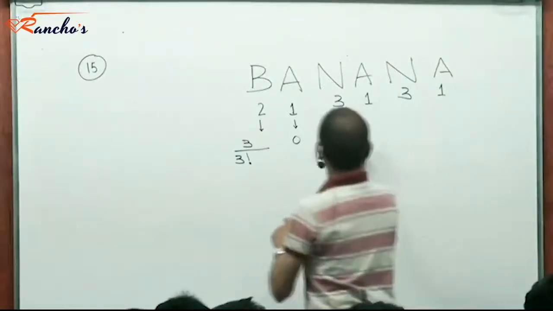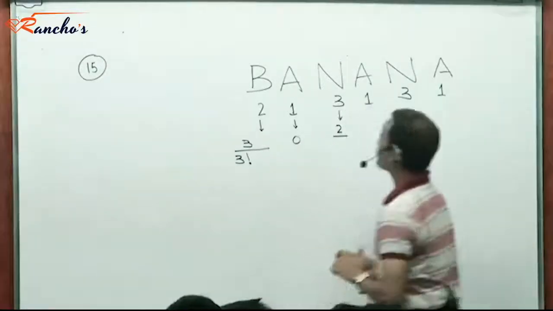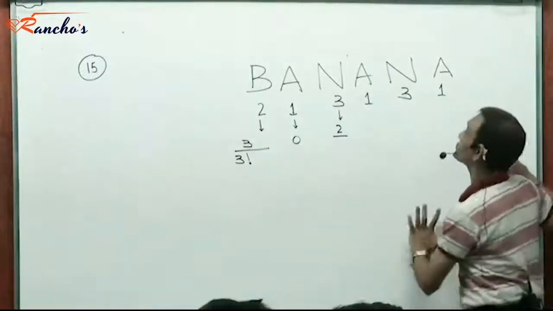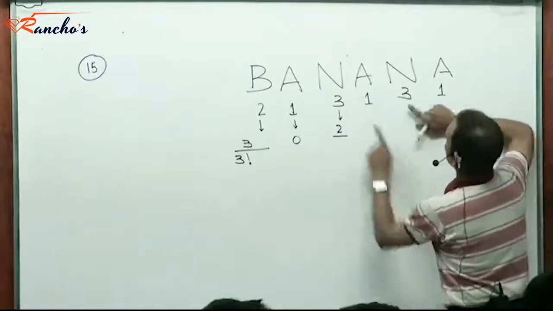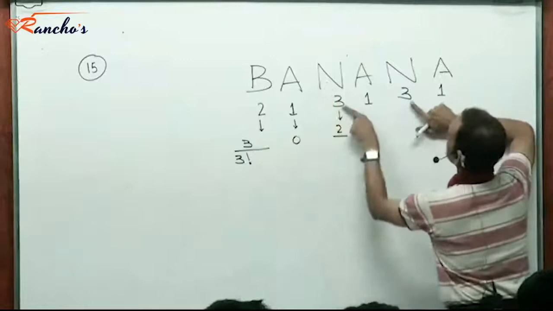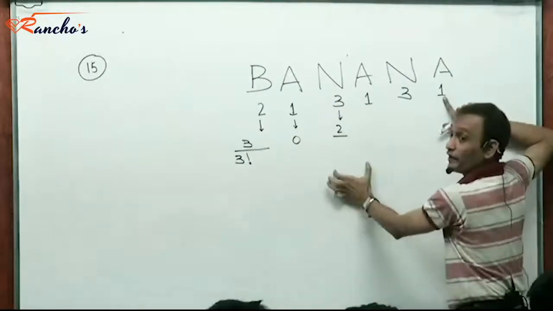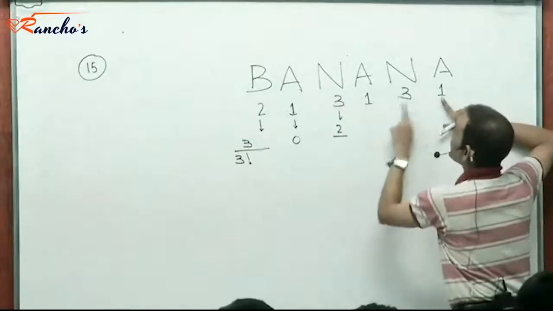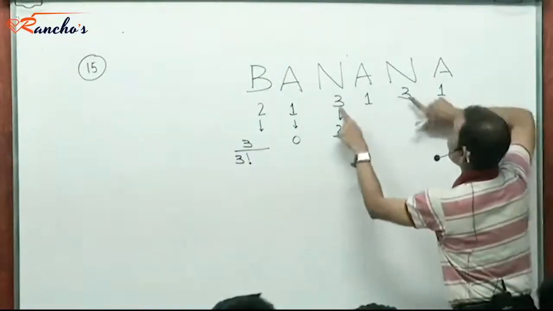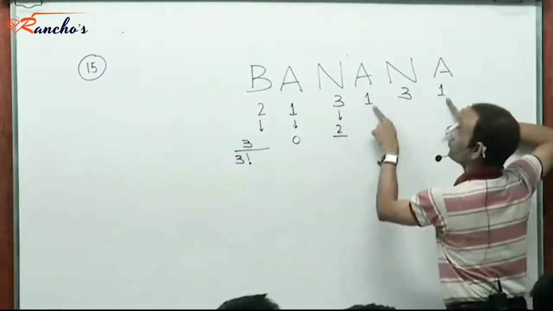2. Now when I have to divide, I'll have to include this: N repeating twice, A repeating twice. Then I'll include this when I have to divide. So 2 factorial and 2 factorial.